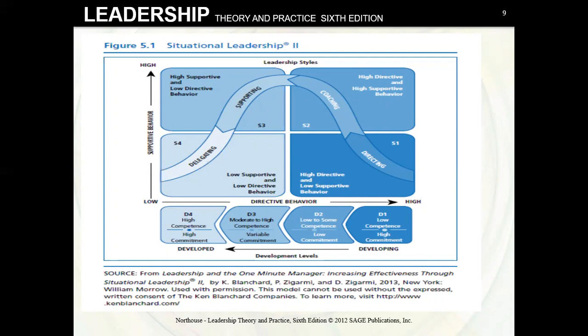Quickly going to the main strengths of the situational approach, the first thing we need to understand is that it is recognized by many as a standard for training leaders. Number 2, it is a practical approach which is easily understood and easily applied.